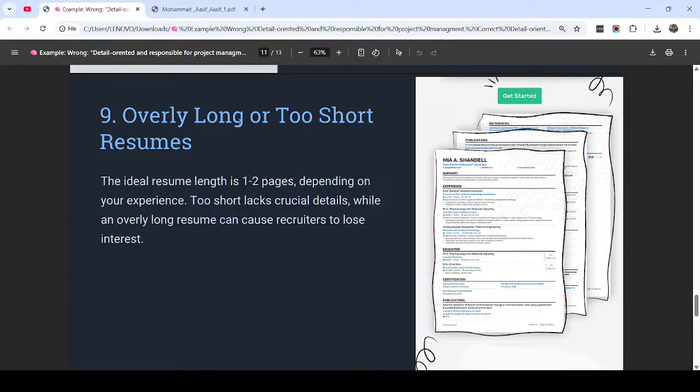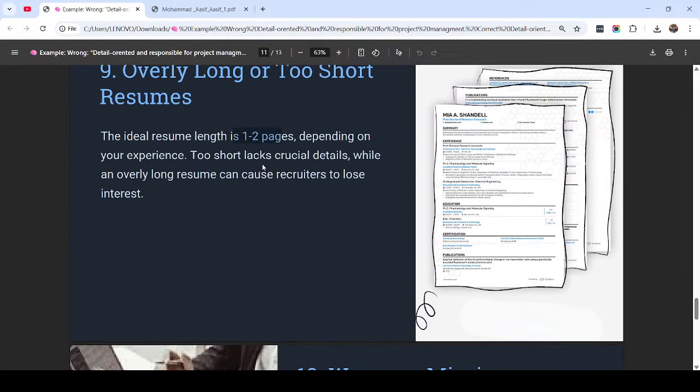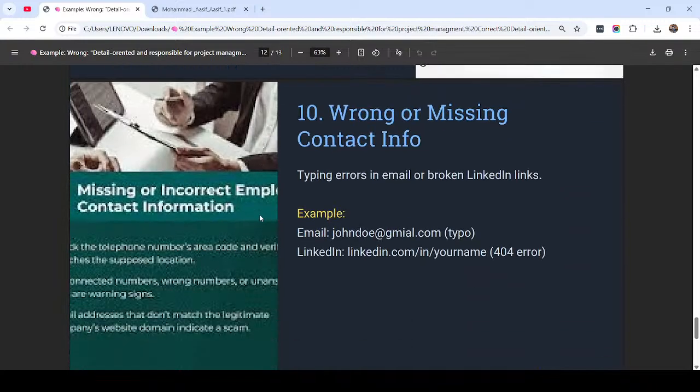He includes all the Java projects and makes it 3 or 4 pages, and for Salesforce, which they are actually applying for, there is only one project. So don't do this. Try to summarize in a maximum of 2 pages. Don't make it 3 to 4. It is written here, maximum 1 to 2 pages is enough. For a fresher, 1 page is enough, and for an experienced person, 2 pages are enough.